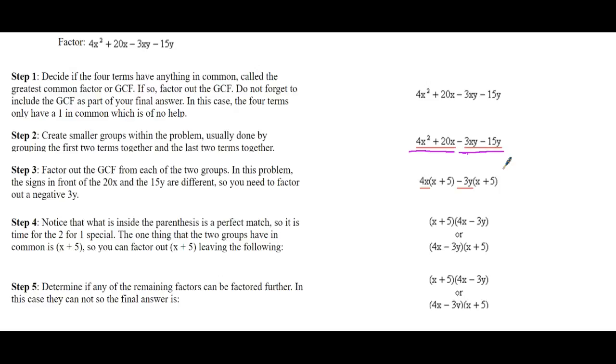So let's do the 4x squared plus 20x. Now for this example, the coefficients are so easy, so I'm going to skip prime factorization. If you still feel like you need more help on prime factorization, you can rewind that video in the beginning, look at the example one more time.